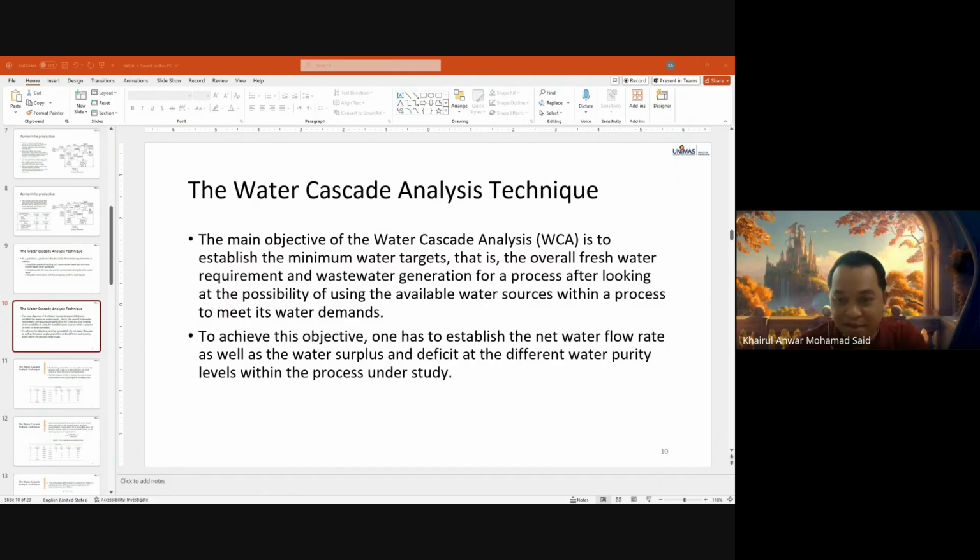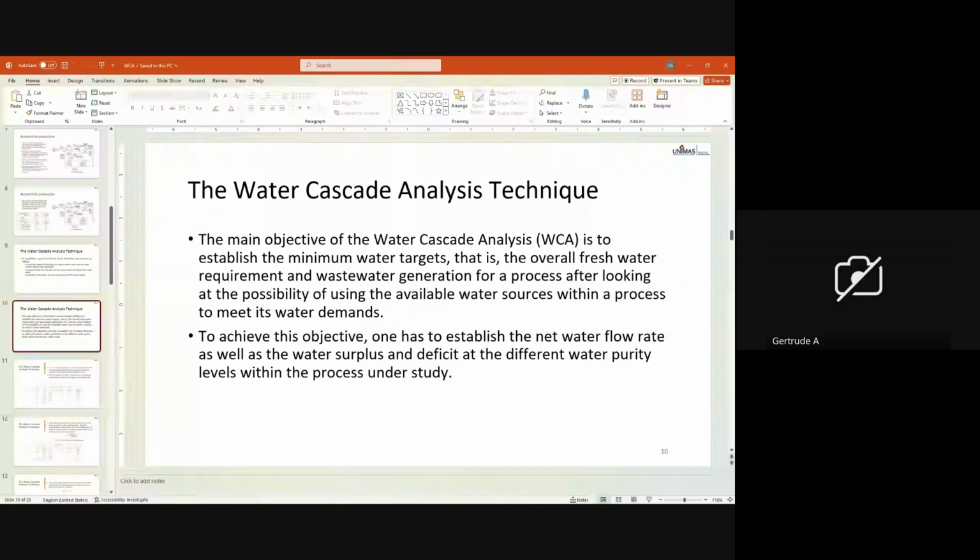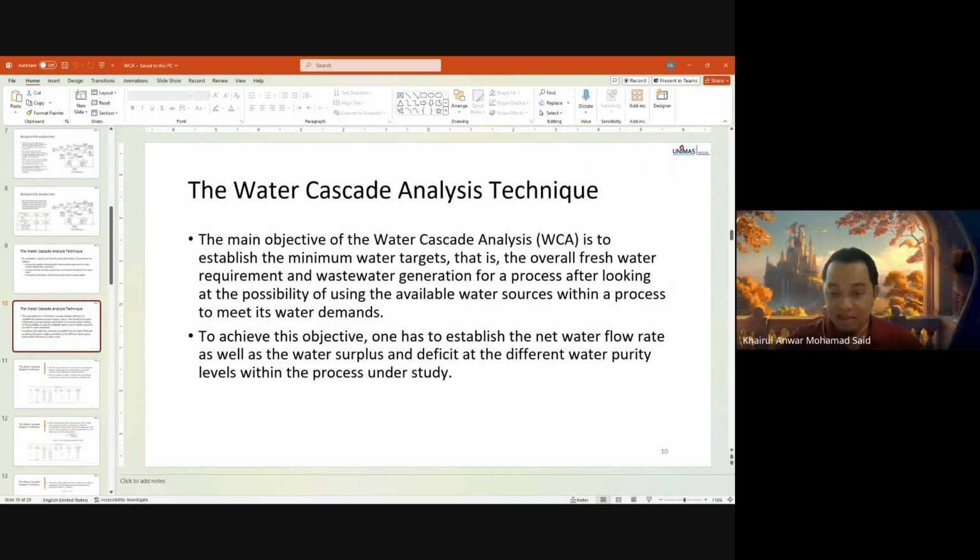Can you increase your speaker volume? Okay, that's good. That's good to hear.